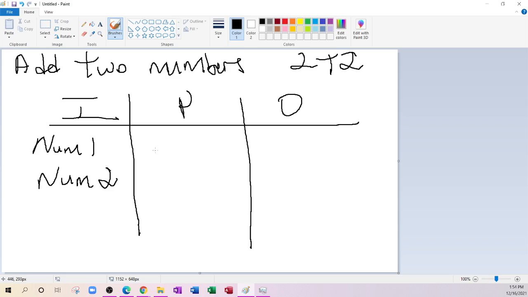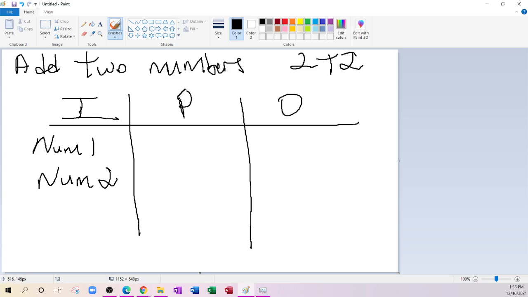What would be our processing now? What would you put on the processing? Insert the two numbers. As that insert two numbers is already input.